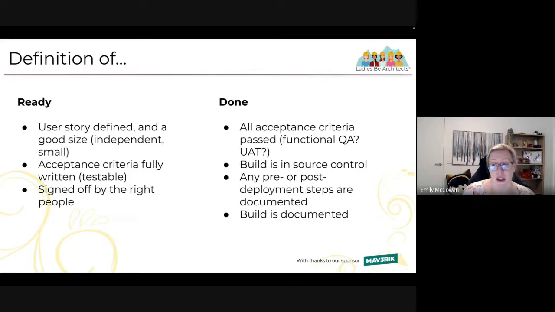And then the definition of done, there's lots of different types of done. It will depend a little bit on the structure of your project, what you consider to be done. So all acceptance criteria being passed is a good measure, but by whom?